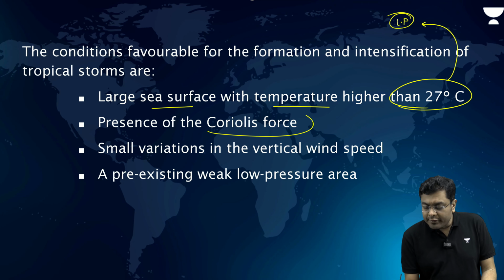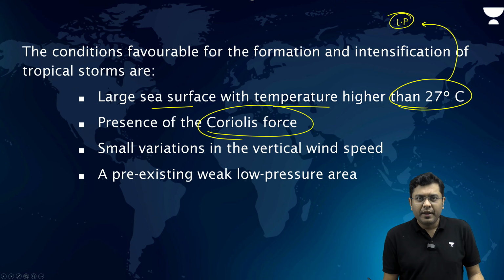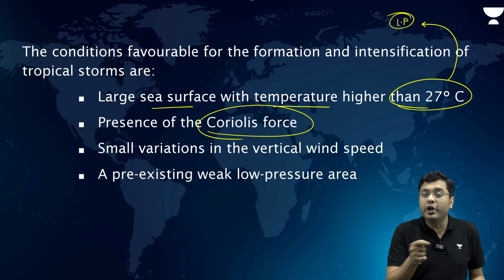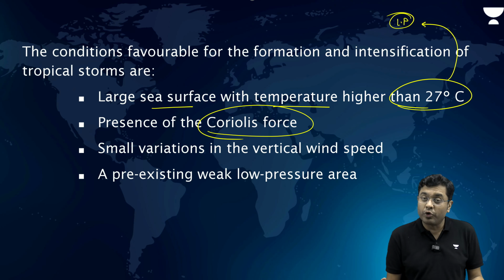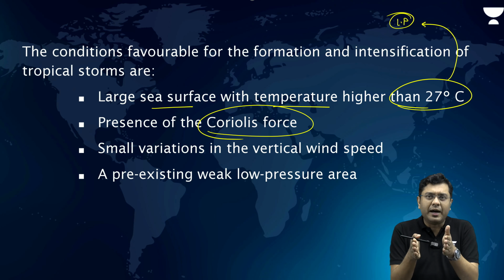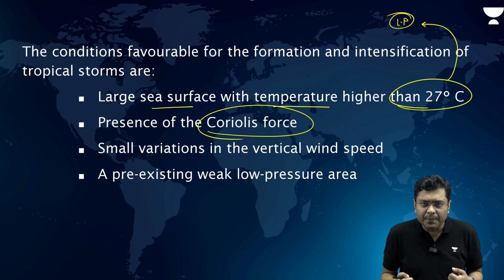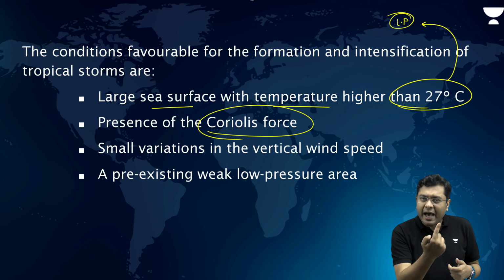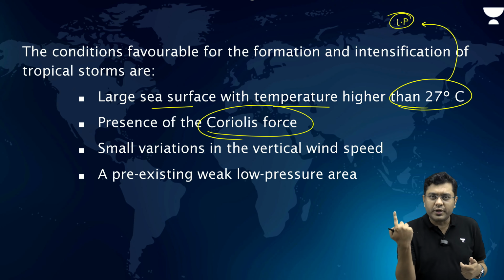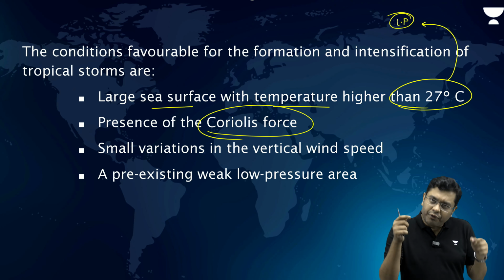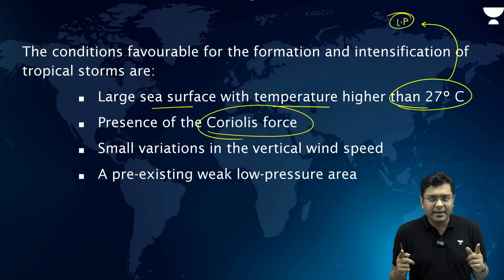Then the Coriolis force is a must, because it is the impact of the Coriolis force due to which the winds will achieve a circulation or circular motion. If the Coriolis force does not exist, the winds will come there, rise up, cause rainfall, and the low pressure will get dissipated. To observe that circular motion and rising air, the Coriolis force is a must.